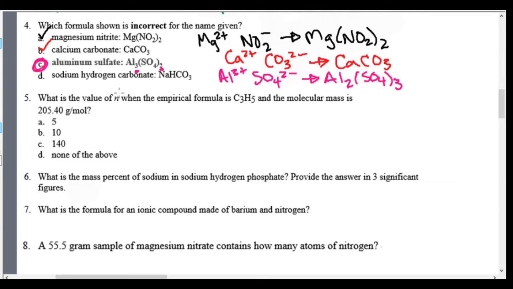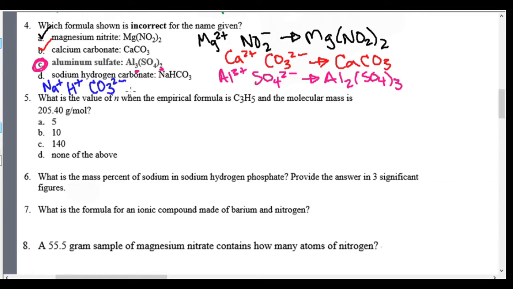If it's hydride, it's H minus. So H plus and then CO3 2-. If we put all this together, we have a total of 2 positive charge and 2 negative charge. So that's just going to be NaHCO3. And that's exactly what we have there, so that's correct.